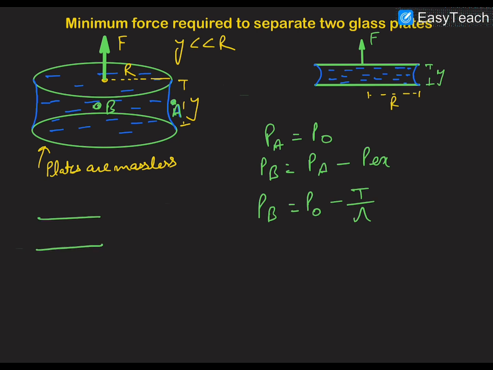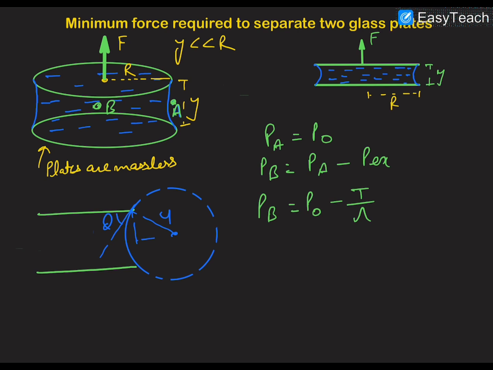So if we imagine that this is the liquid film, and if we draw a circle taking this liquid film, let us draw it neatly. This is the first surface, this is the second, and this is the liquid film. If we say that the radius of the liquid film is small r, and the angle of contact is theta, then this angle will be 90 minus theta and this will be theta.